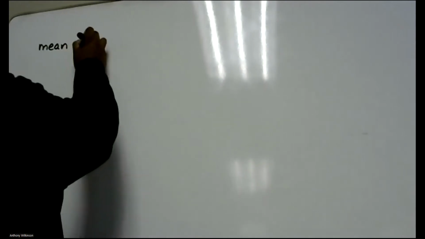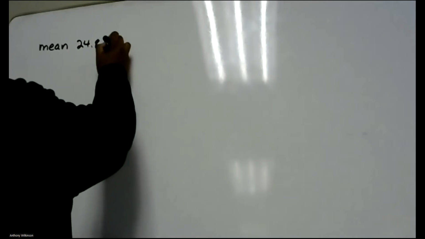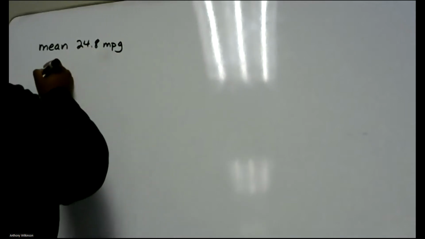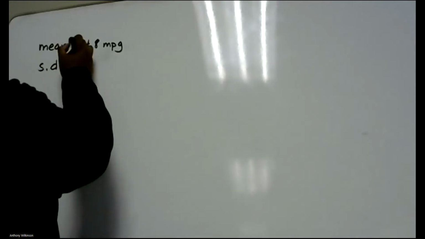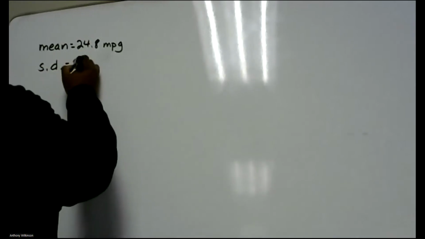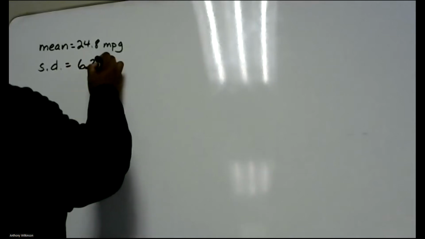So you're told a mean of 24.8 miles per gallon and a standard deviation, which I'm going to abbreviate as SD, of 6.2 miles per gallon.